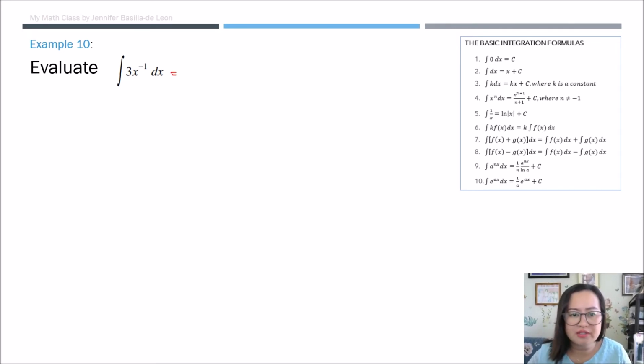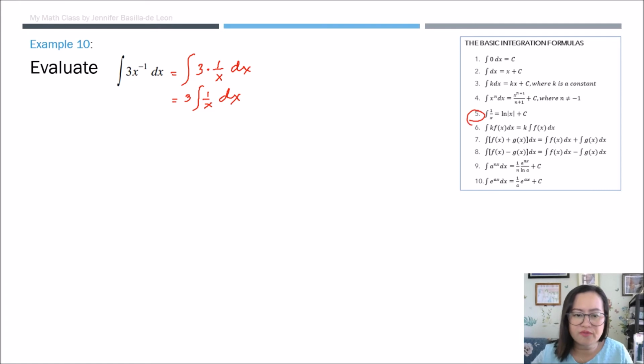So we rewrite this. So we will have the antiderivative of 3 times 1 over x dx. Now we can have 3 times the antiderivative of 1 over x dx.